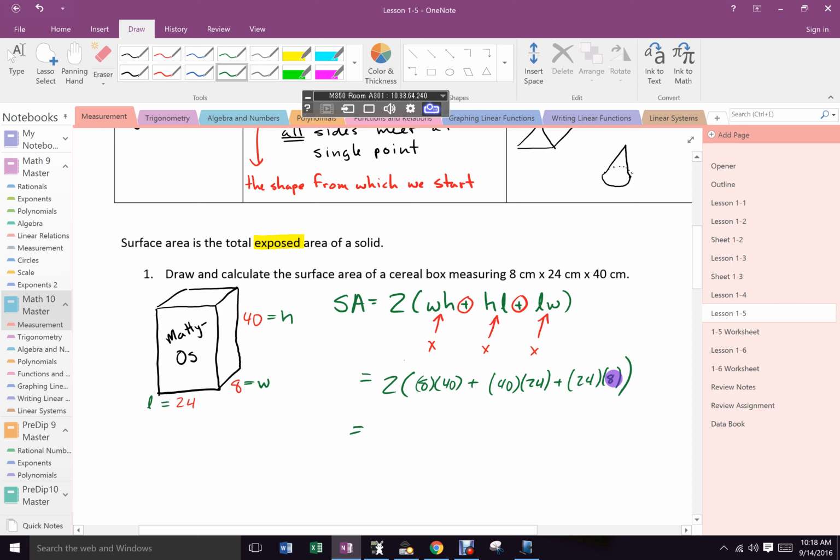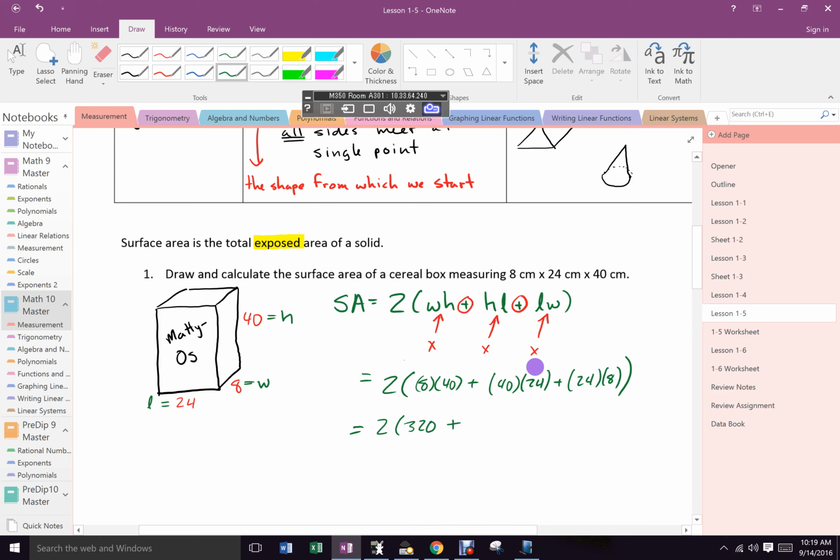Now, everybody should be able to punch that into your calculator. Most of you have a calculator smart enough to do that if you punch it in exactly as you see it. But some of you don't. So go step by step while you're practicing. 2, do 8 times 40. It's 320. Plus, do 40 times 24.